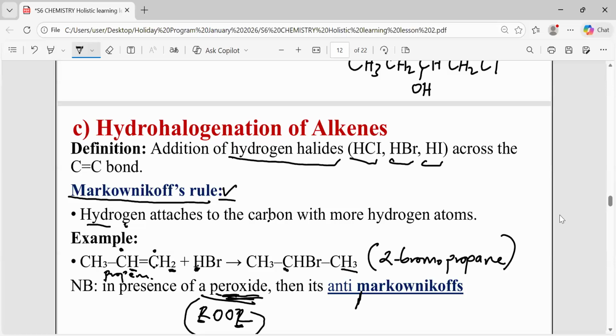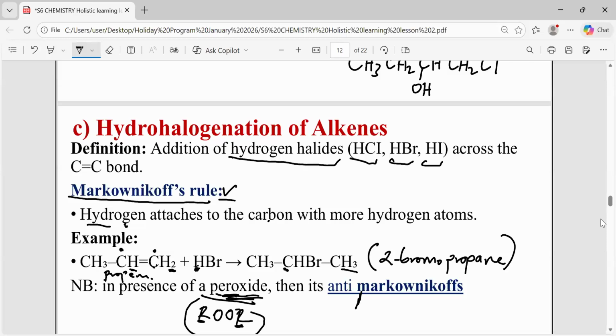Now, for the previous one, halogenation, we are adding only chlorine atoms or bromine atoms. Those are not hydrogen atoms. In those compounds you're adding, there's nothing like hydrogen. So Markovnikov's may not work. But for us not to have very many things in our mind, let us use that one.